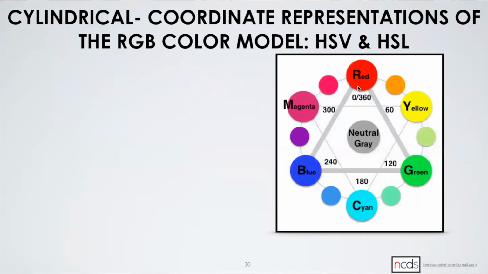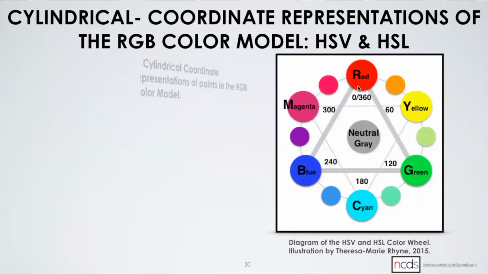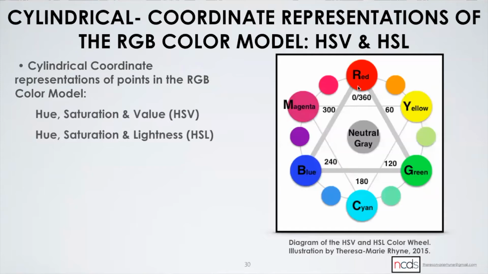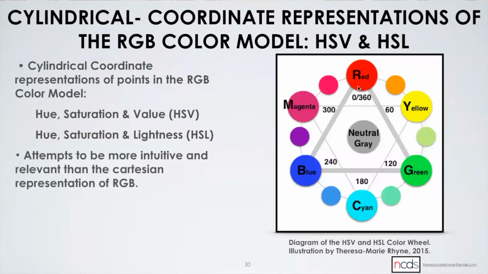So let's go back in time and talk about hue saturation value and hue saturation lightness models and their importance. They were cylindrical coordinate representations of the RGB model space, and they still exist today. It turns out there was an earlier prototype called hue saturation and brightness, HSB, developed in the late 1800s, early 1900s.